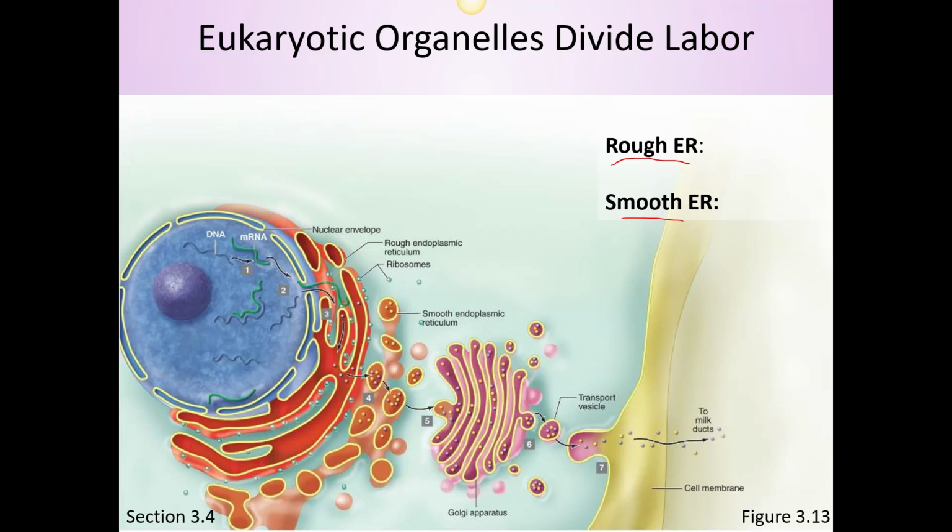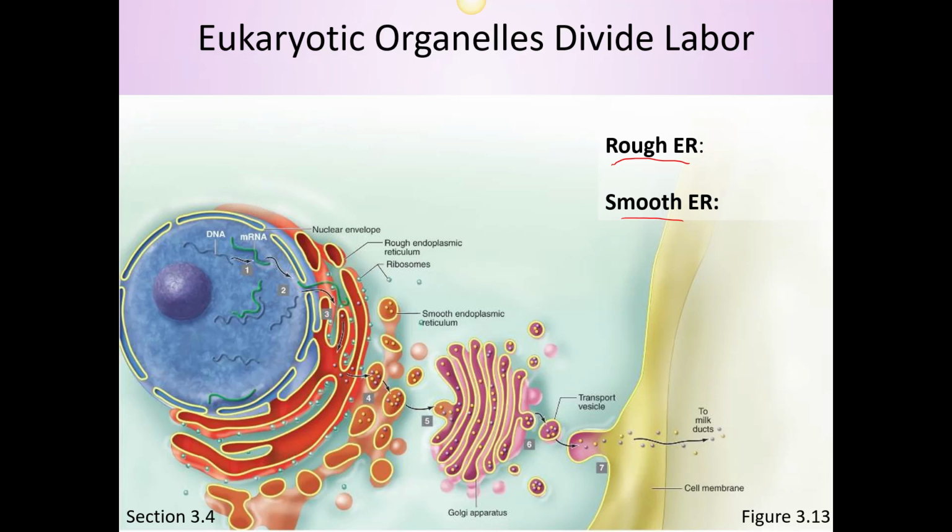Smooth ER is responsible for making hormones, for lipid metabolism, and for detoxification of the cell. Within the endoplasmic reticulum, if there happens to be a region that has ribosomes attached, it's called rough. If there happens to be a region that doesn't have ribosomes attached, it's called smooth.